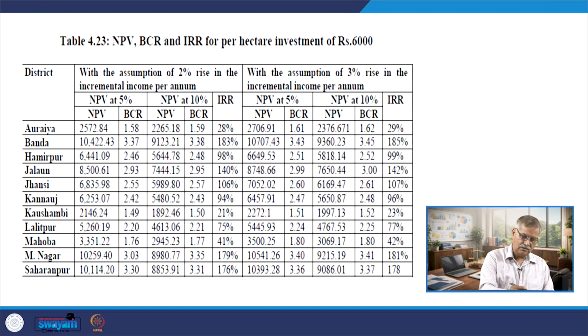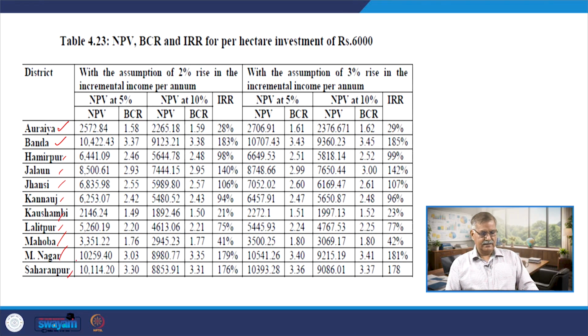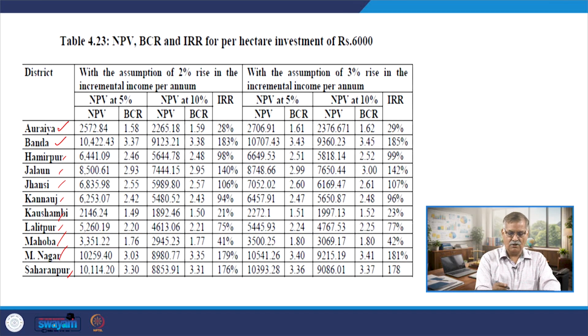These are the districts: Auraiya, Banda, Hamirpur, Jalaun, Jhansi, Kannauj, Kaushambi, Lalitpur, Mahoba, Muzaffarnagar and Saharanpur, and then these are the values with the assumption of 2% rise in incremental income per annum, and based on this we calculate net present value, benefit cost ratio, and then IRR.